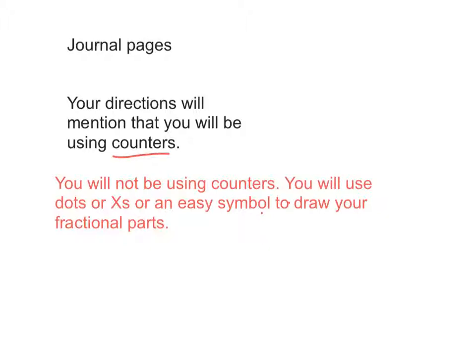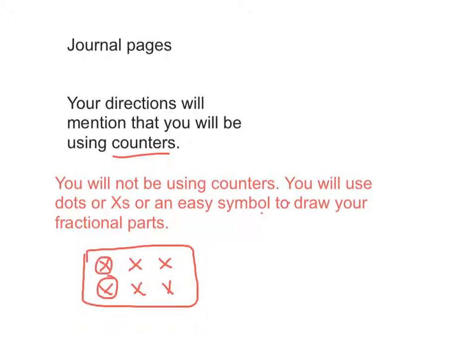We're actually just going to be using something like dots or X's or some other easy symbol to represent your fractional part. So I might say that I have a total of 6, but maybe I will have 2 of those. So 2 out of my total of 6, so my fraction represented is 2/6.